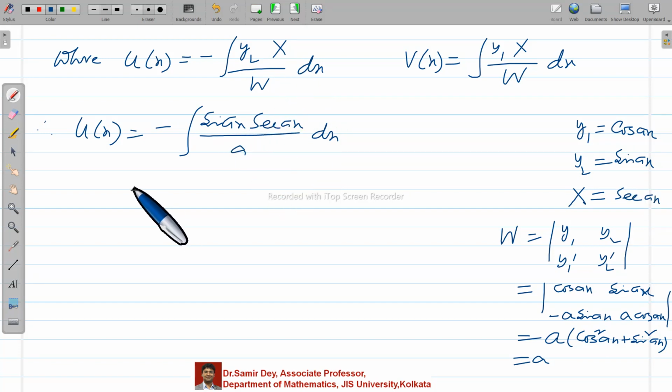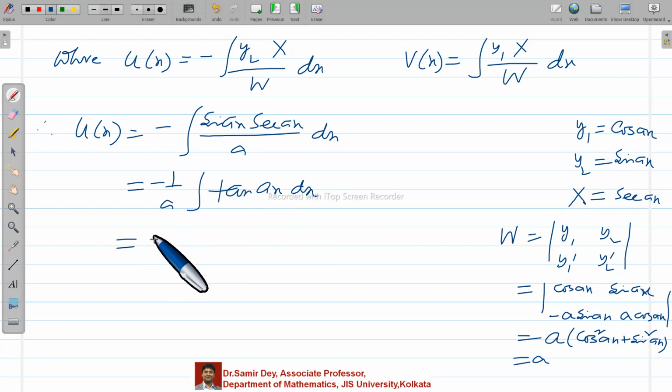So from here we may write minus 1 by a, it is coming tan ax integral. Now you already know the formula for the integral of tan ax, minus a is coming, so 1 by a, that is log sec ax by a.